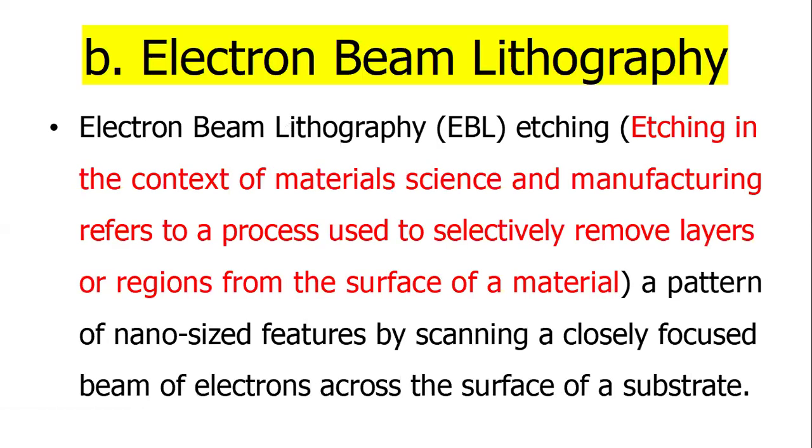Electron beam lithography. Electron beam lithography etches a pattern of nano-sized features by scanning a closely focused beam of electrons across the surface of the substrate.